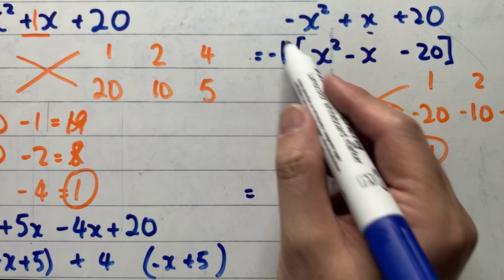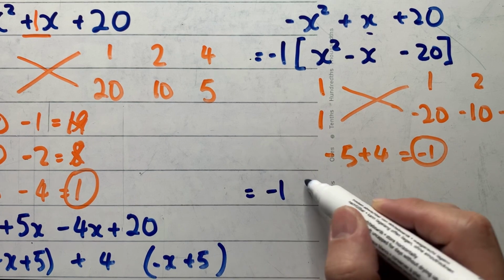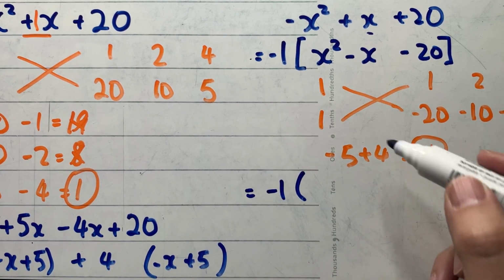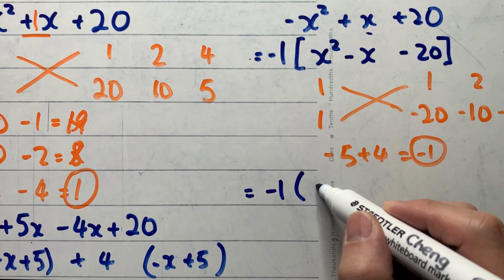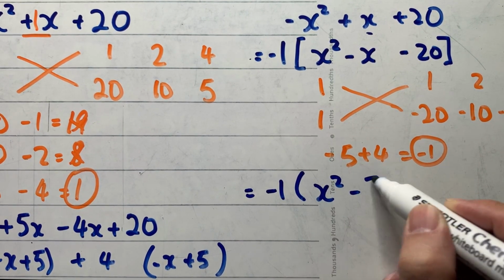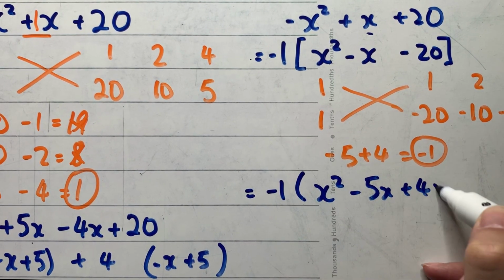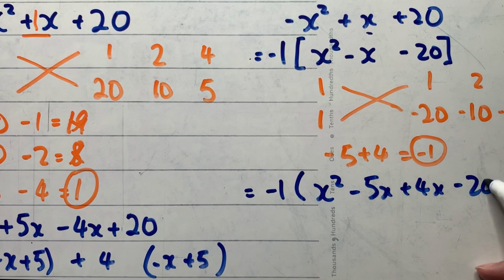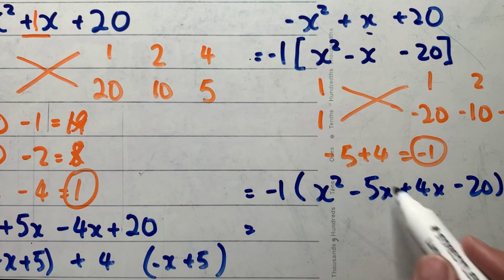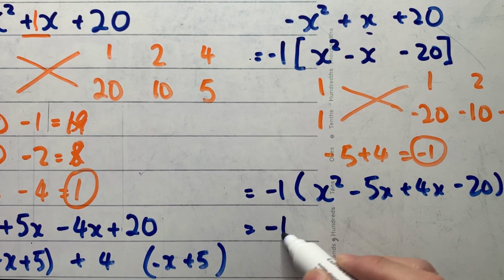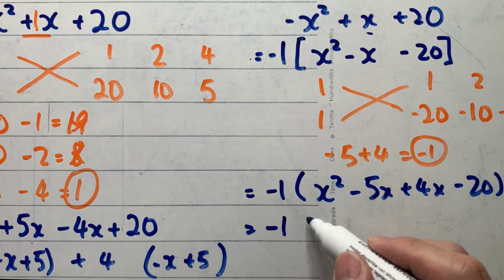When you copy, remember to copy this -1 because that is a factor. And then you have x squared minus 5x plus 4x minus 20 because these are all copied and these are the middle term. So the -1 stays, so you need to keep copying it.